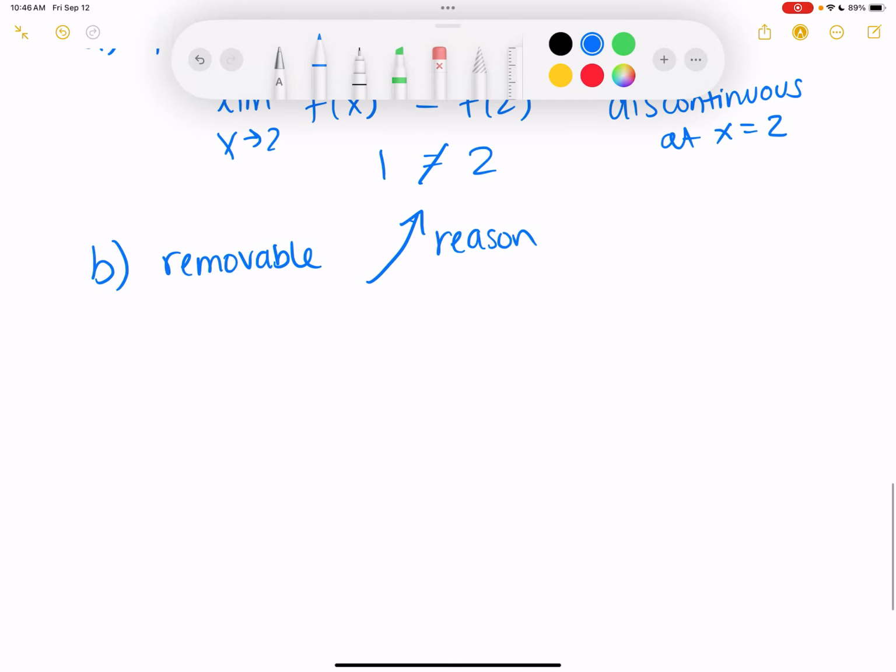Give a formula for the extended function that is continuous at the indicated point. So basically, 26, I've got f of x is equal to x cubed minus 1 over x squared minus 1. And they say that x is equal to 1. Well, if x is 1, what's the problem here?